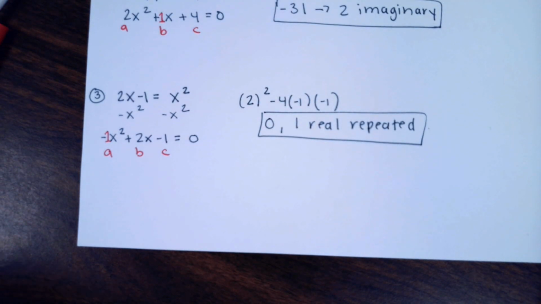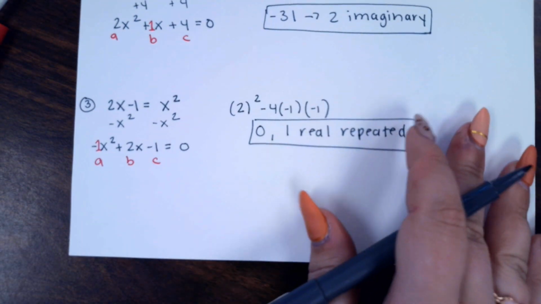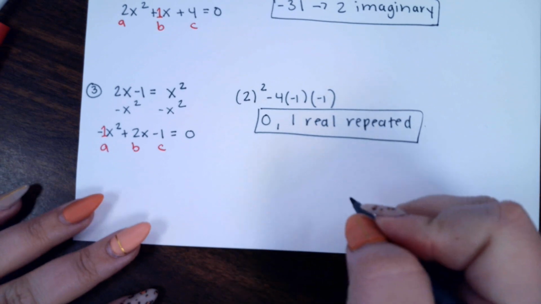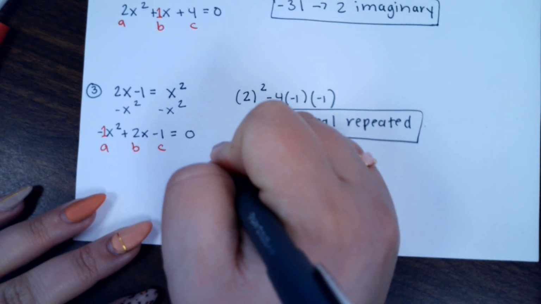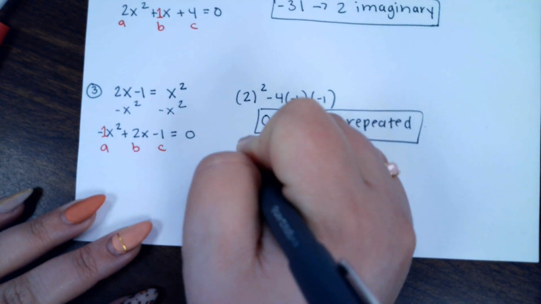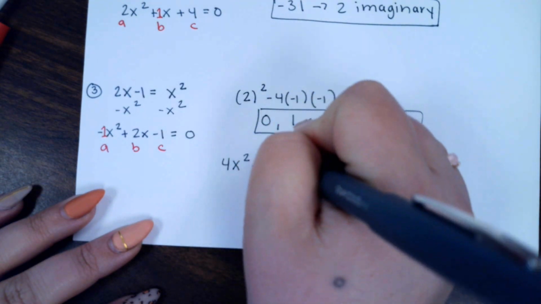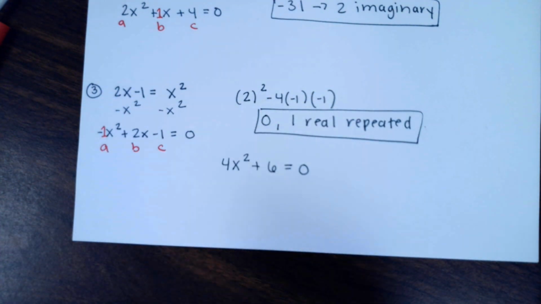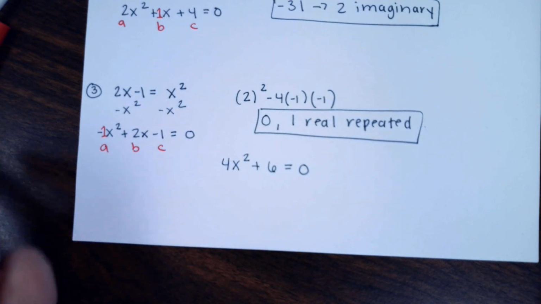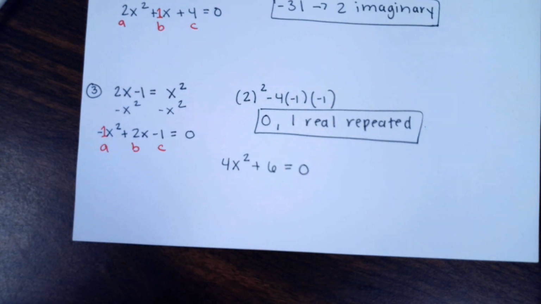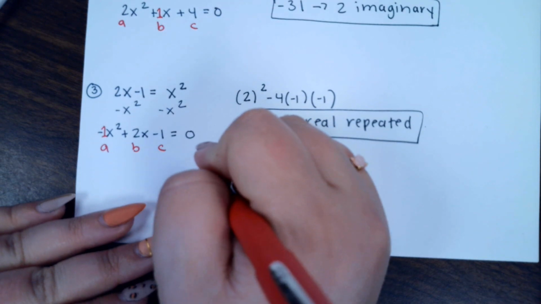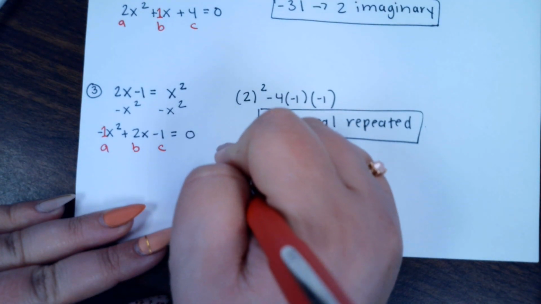That is it for the discriminant. The last thing that I want to say is, let's say I give you the example 4x squared plus 6 equals 0. And I ask you, find the discriminant and tell me the types of solutions. So our a value is 4, right?